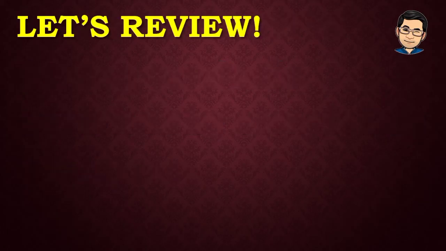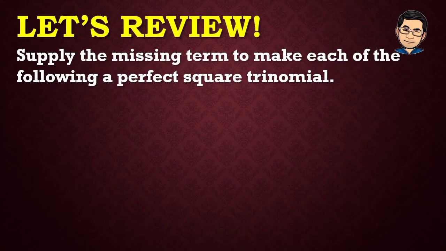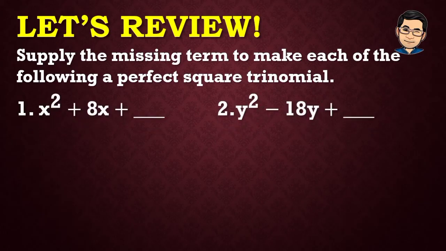Before we proceed to our main discussion, let's have a short review. Supply the missing term to make each of the following a perfect square trinomial. Number 1, what must be added to x squared plus 8x to make it a perfect square trinomial?